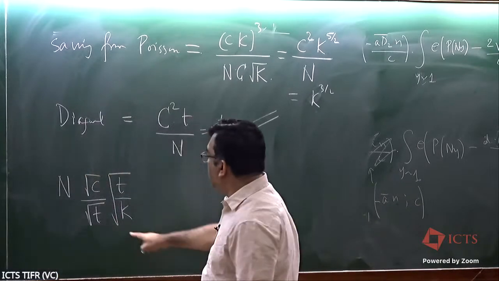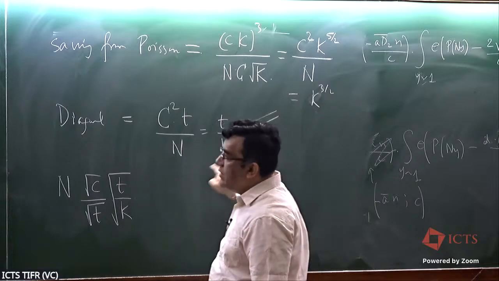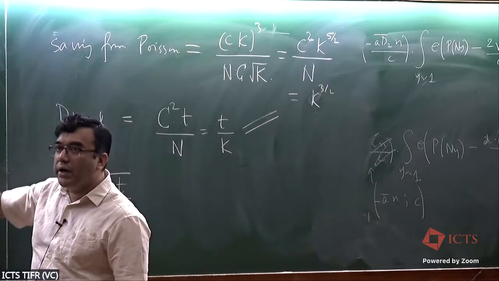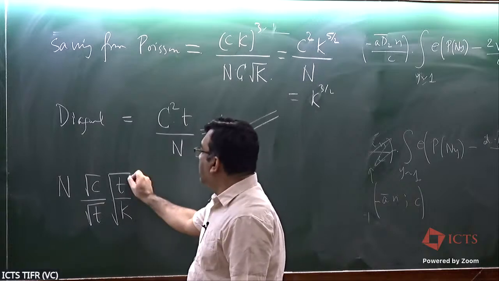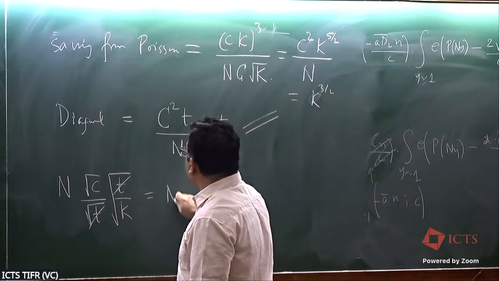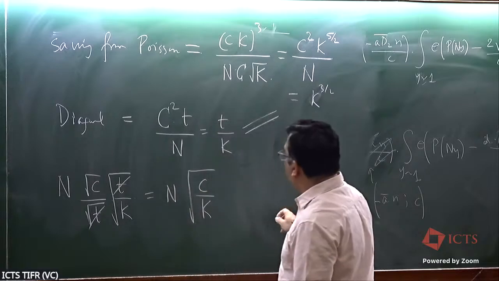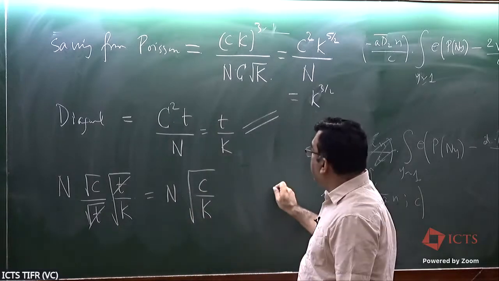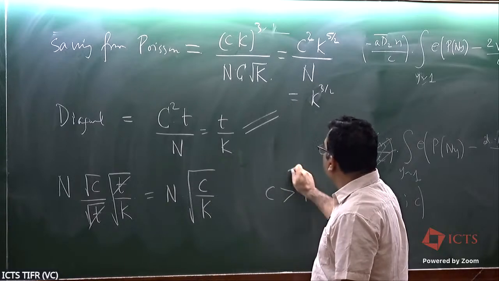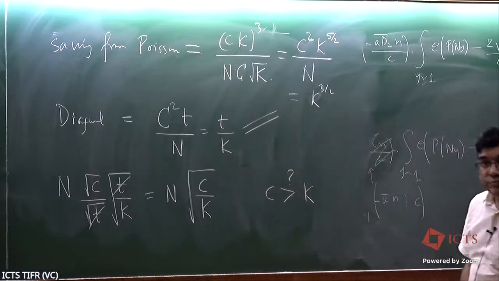So that we're putting a square root. This is how much you save here, but we did a Cauchy. So when you go back, I have to take a square root. This cancels out N C by K square root. So now this is larger than N if C is larger than K. So is that the case?